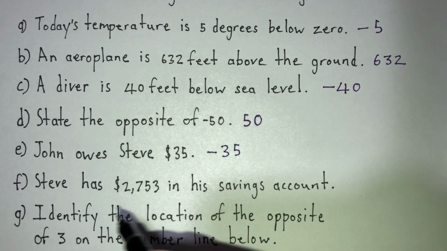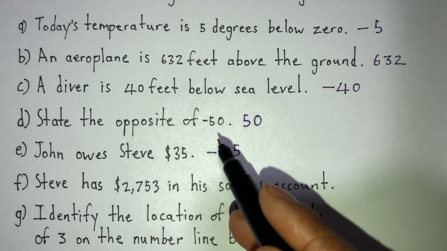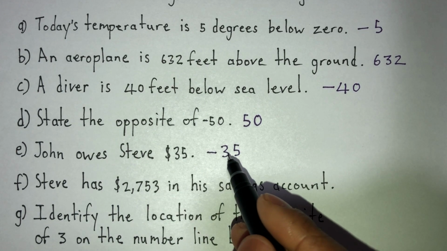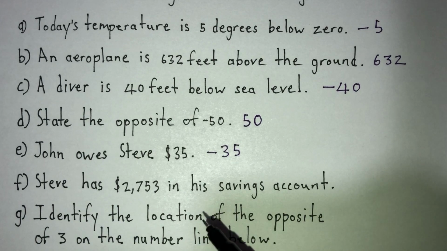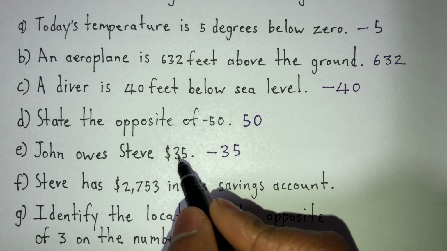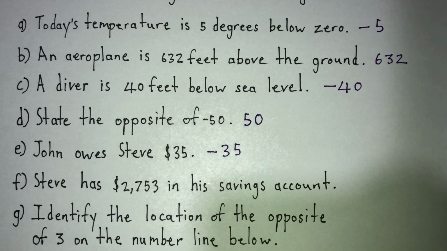If it was a case where John had $35 to receive from Steve, then this value would be 35. However, John owes Steve, so this quantity is represented by a negative 35. Good.